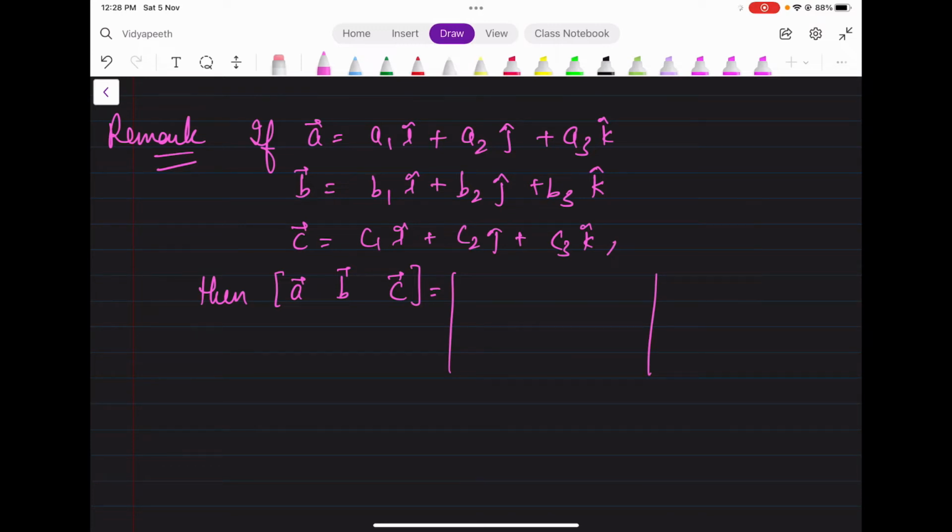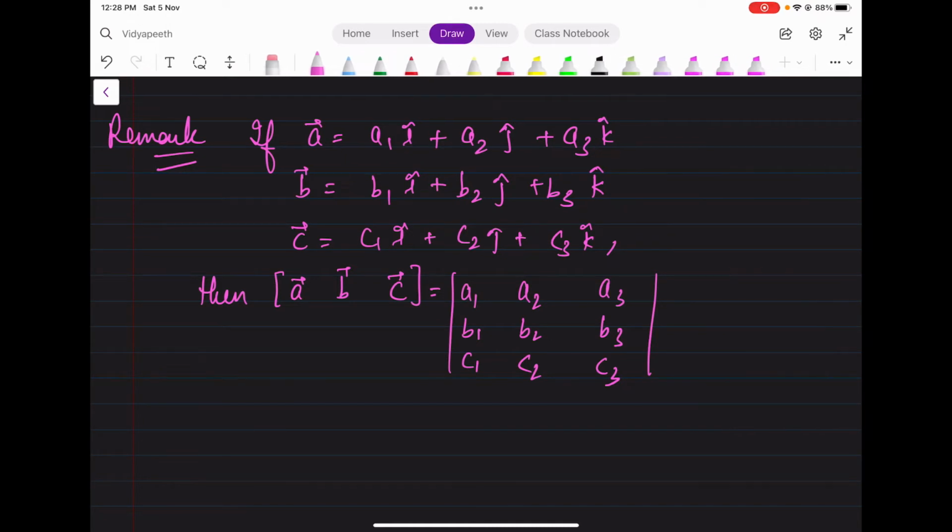So A dot B cross C is equal to the box, and the box is the determinant of A1, A2, A3, then B1, B2, B3, and the third row C1, C2, C3. And we know how to calculate the determinant of this 3 cross 3 matrix.